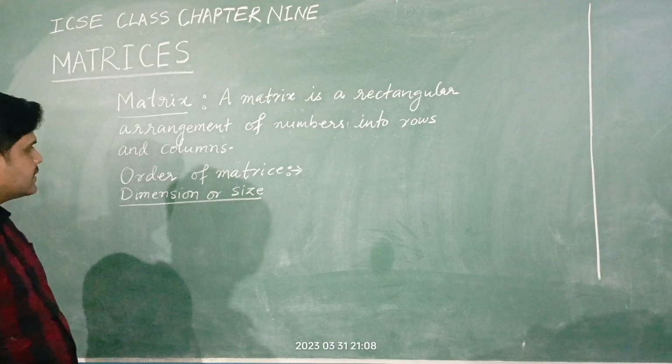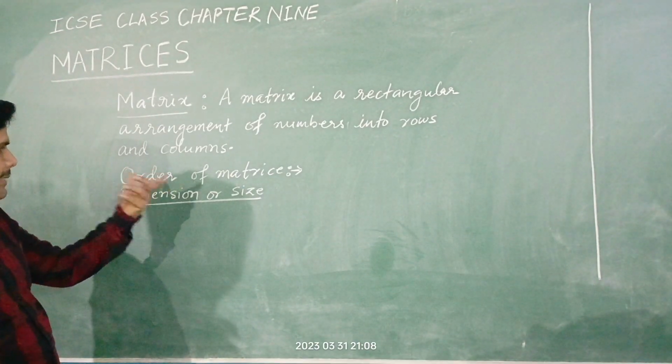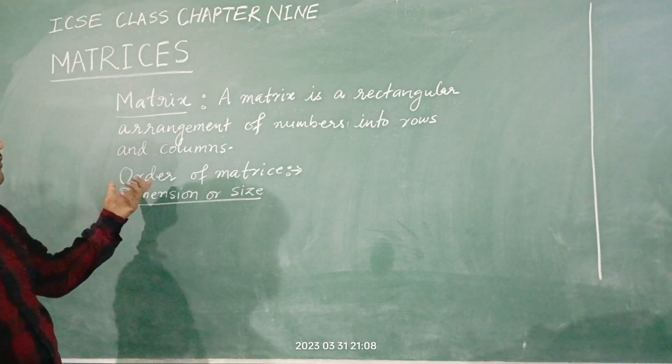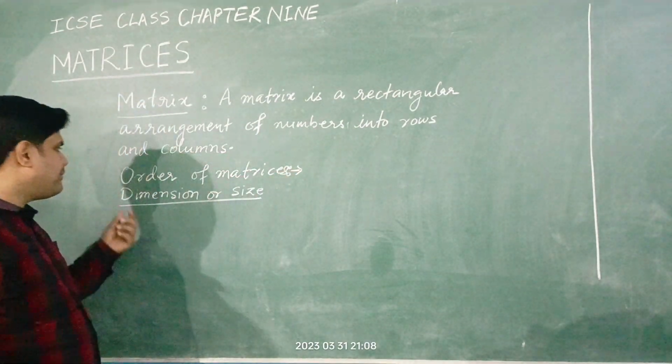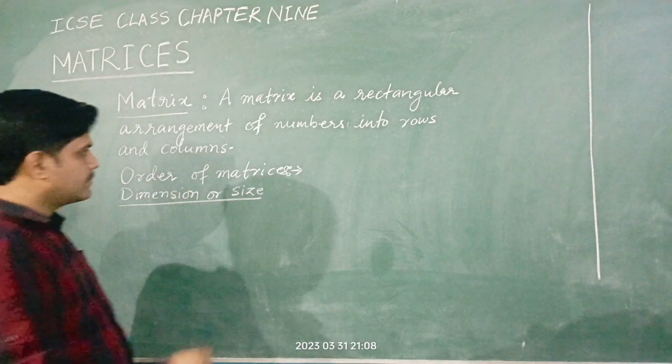Order of a matrix or dimension or size. We can also call the matrix order by these terms as well. What do we mean by the order of the matrix or dimension or size?